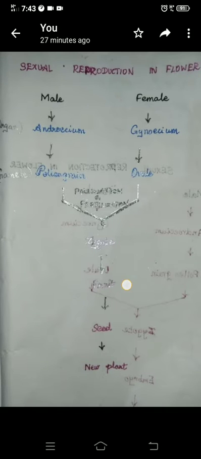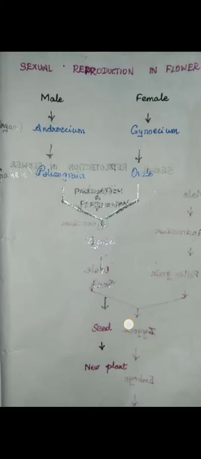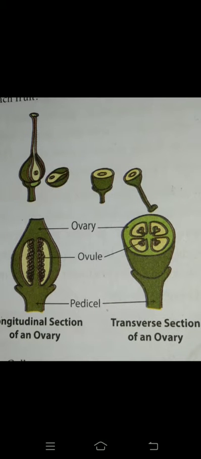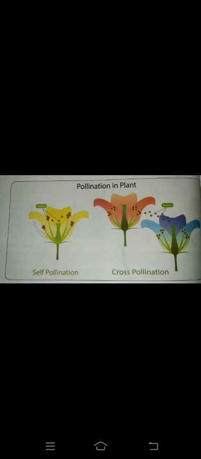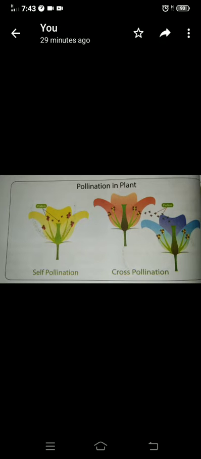The zygote develops into a fruit, the fruit develops into a seed, and the seed develops into a new plant. This is only the outline sketch of sexual reproduction in a flower. So now you see that here it is from the ovary onwards.